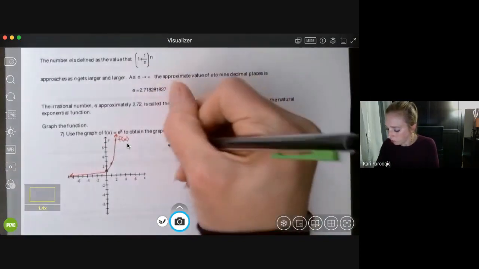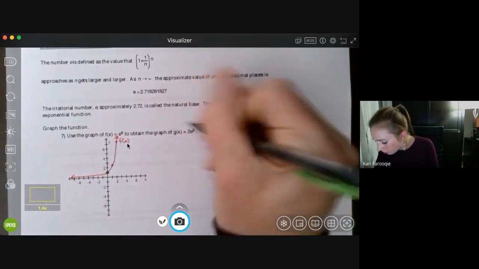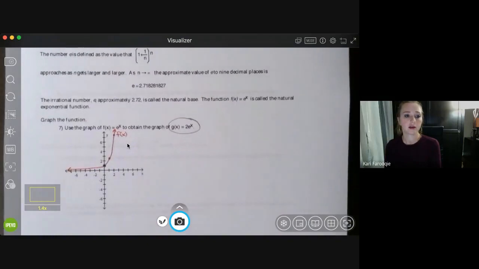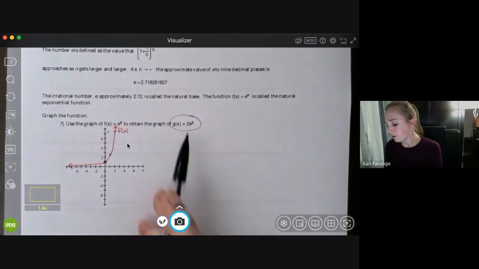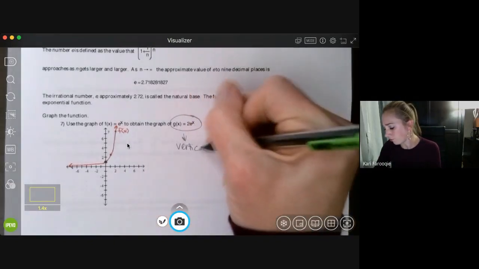Now, what we're going to do is take these points on the graph and graph g of x equals 2e to the x. If you already have the e to the x function on there, you don't need to actually plug in a bunch of values into your table. Remember that this is just going to be a vertical stretch.